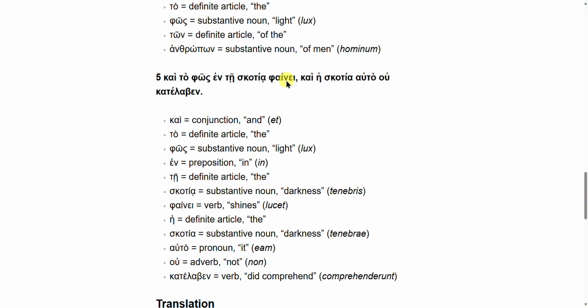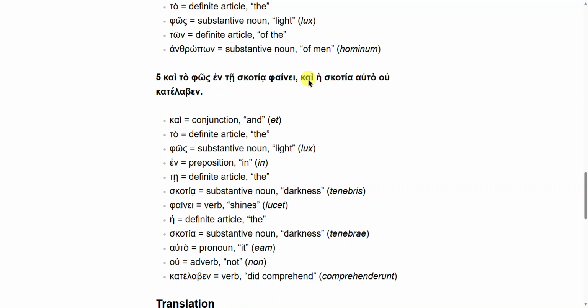Phaine. Kai to phos en te scotia phaine, and the light in the darkness phaine. In Latin, it's lucet. In English, shines, the verb shines. And the light in the darkness shines.